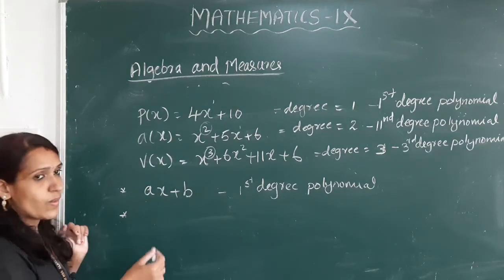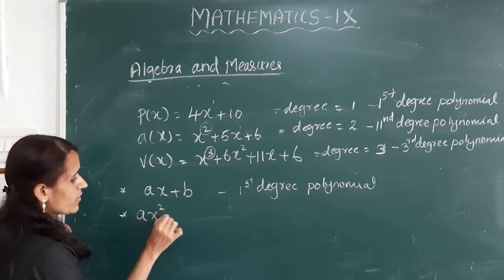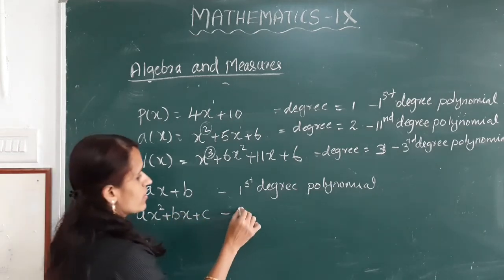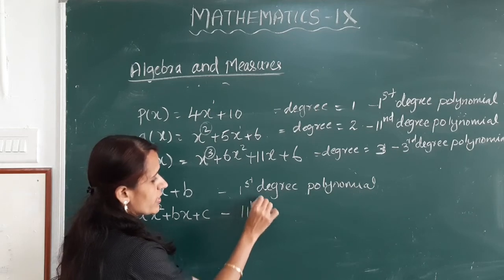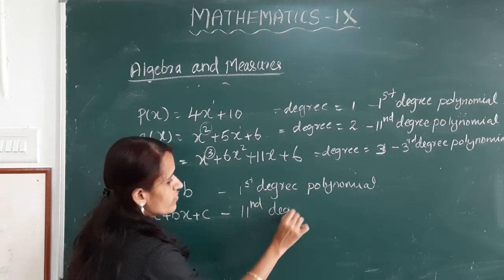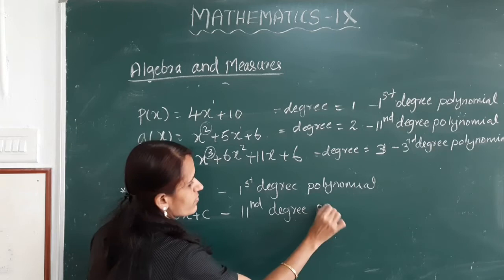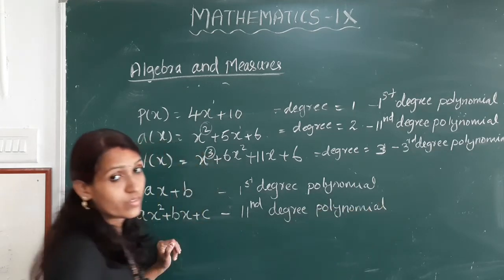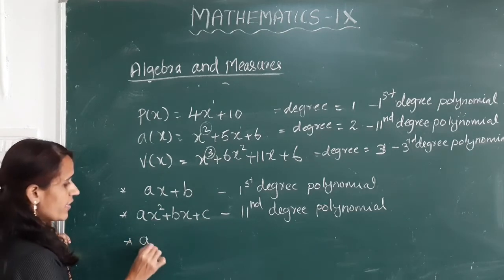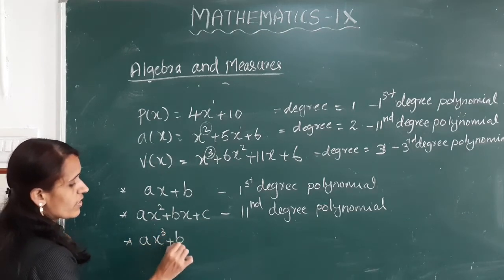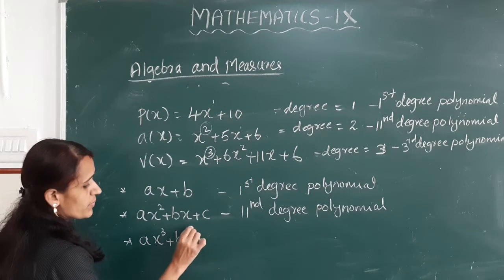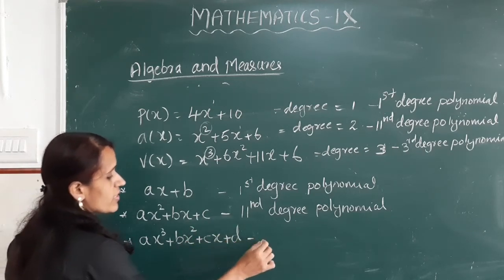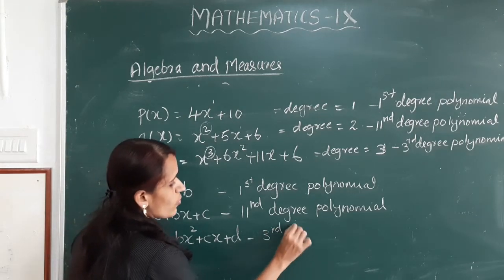Second one, ax square plus bx plus c, that is second degree polynomial. Third one, ax cube plus bx square plus cx plus d, that is third degree polynomial.